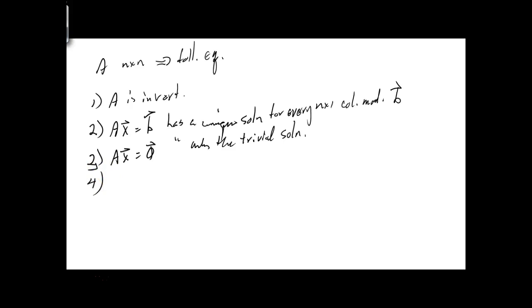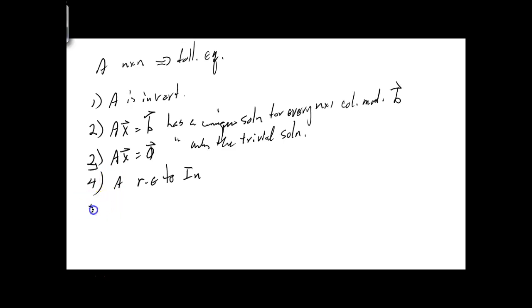Number 4. A is row equivalent to I sub n. Yeah, that's how we found it. If A is invertible, it has to be row equivalent to the identity matrix I, because if it's invertible, you can reduce it and you wind up with that. Okay? So that's true.